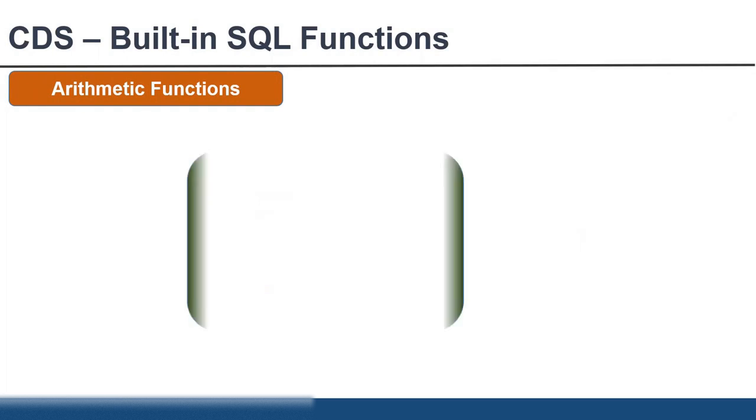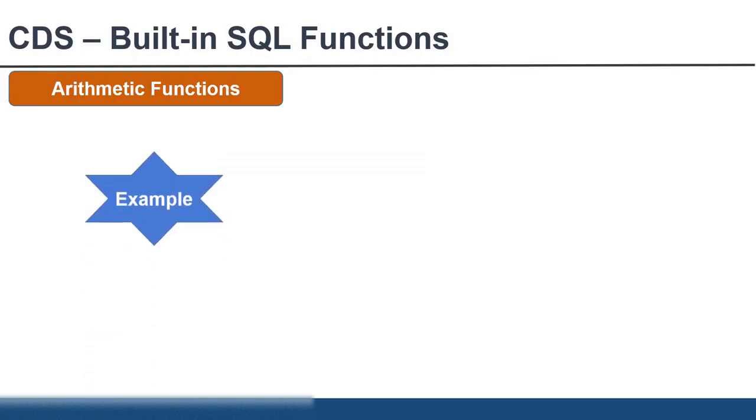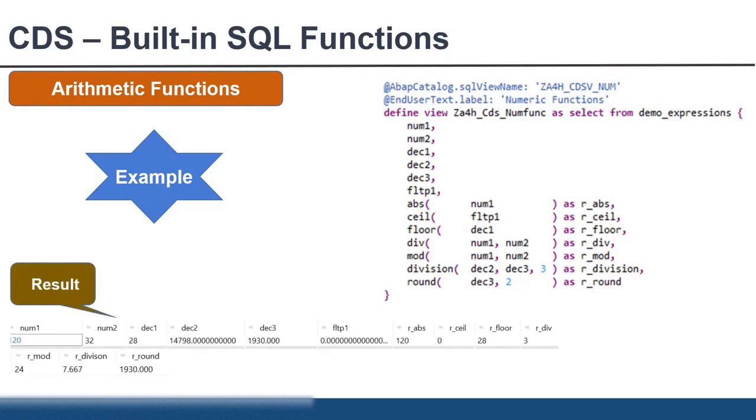Arithmetic functions. We can have absolute, ceiling, div, division, floor, mod, and round. One example, CDS using the arithmetic functions, and we see the result.